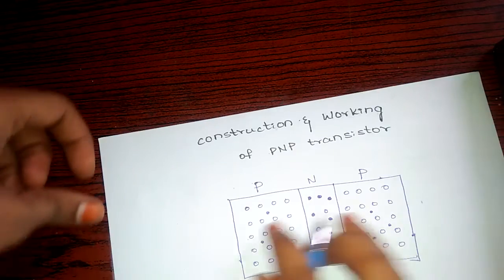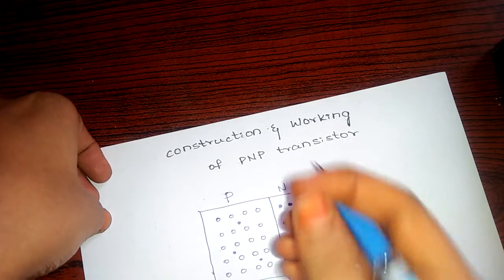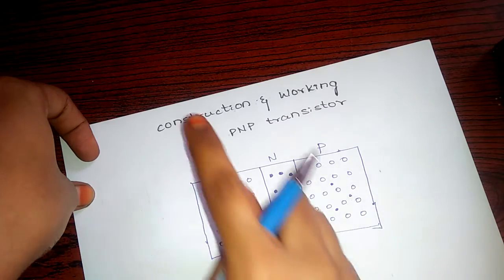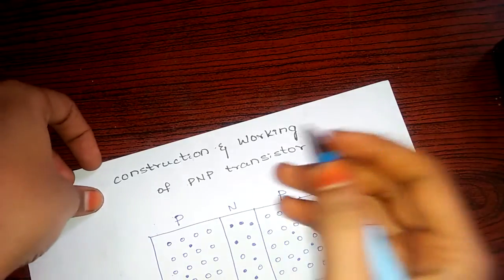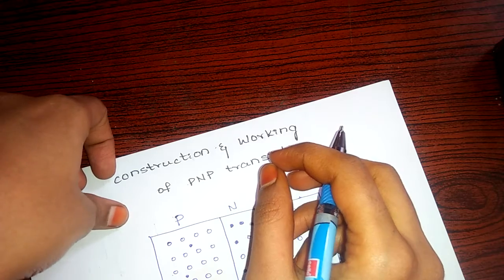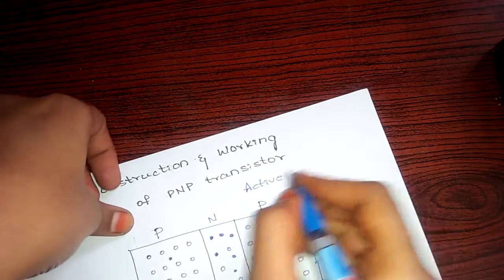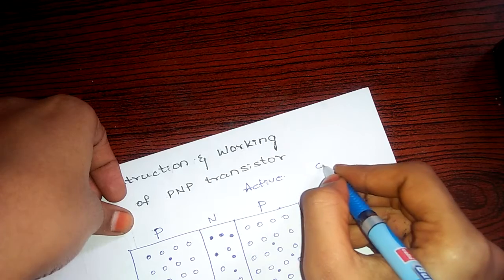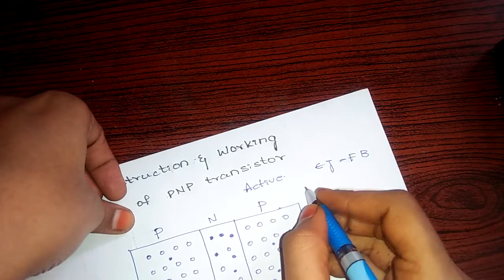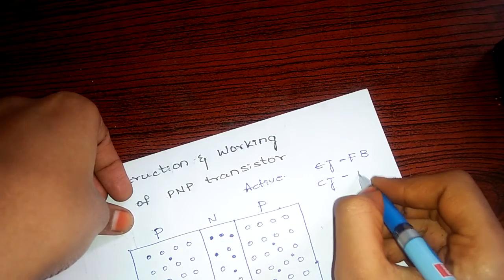As the N-type semiconductor material has majority charge carriers as electrons. Okay. So how to construct and how to understand the operation of a PNP transistor? To operate a transistor, we use it in the active region, right? For the active region, the emitter junction must be forward biased and the collector junction must be reverse biased.